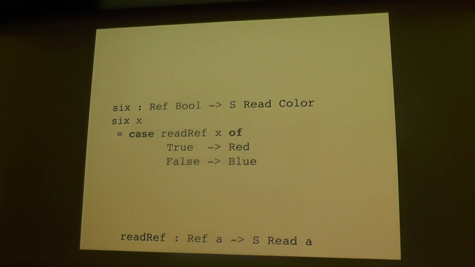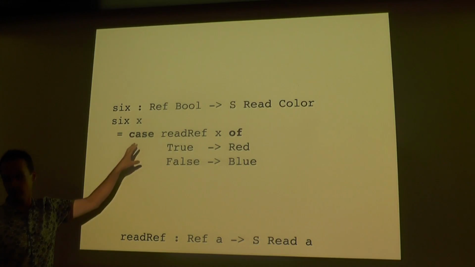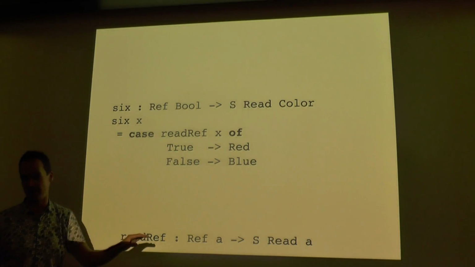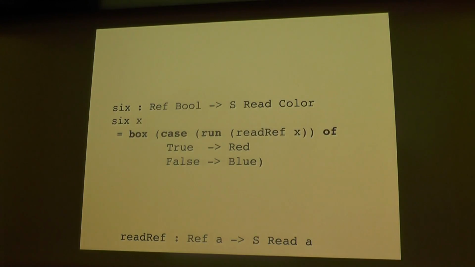But I said before that we haven't messed up the pure lambda calculus. So in the pure lambda calculus, the body of a function abstraction must be pure. This is not pure. So I can make it pure by boxing it up. And it's always safe to do that. So I can put the box back in, so I can go from there back to there.